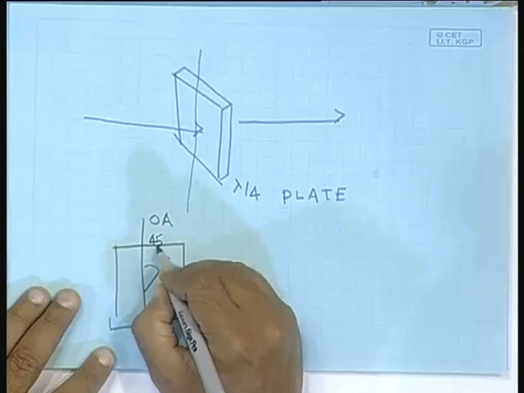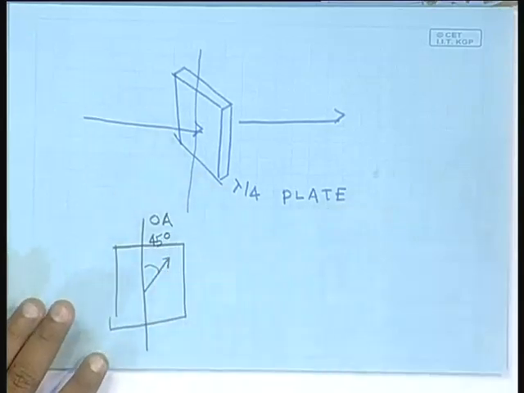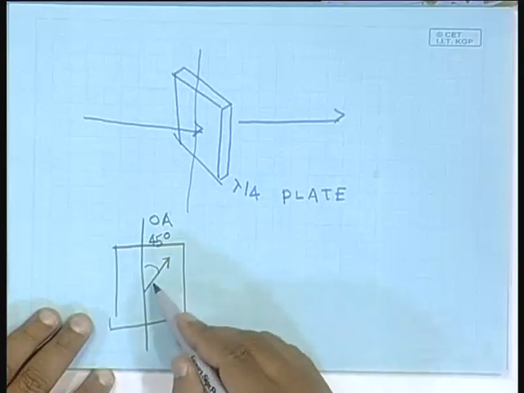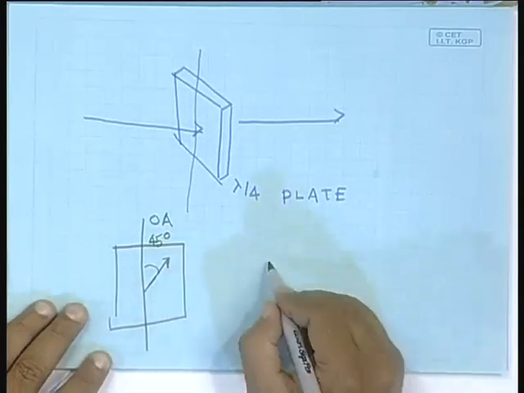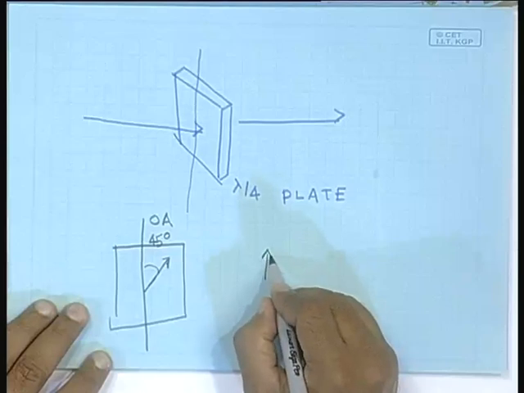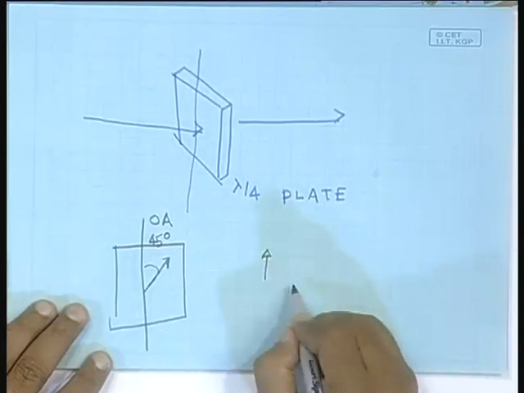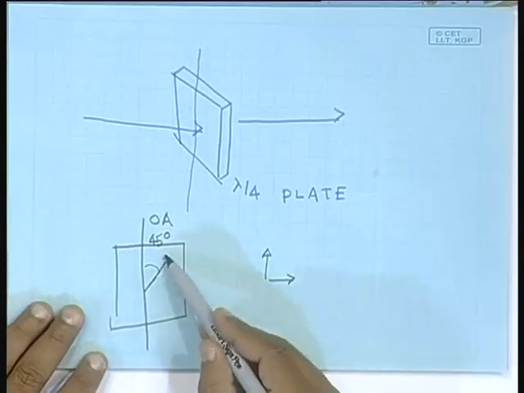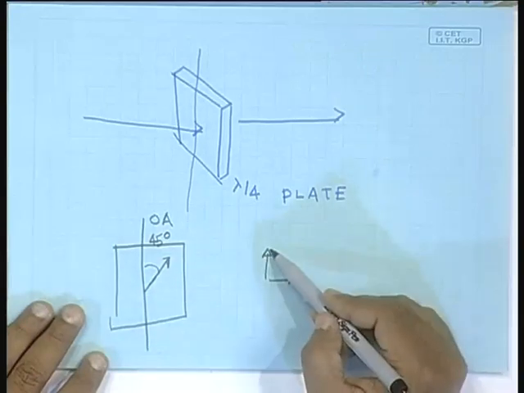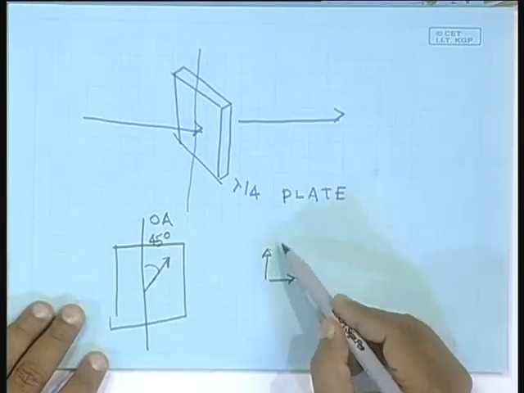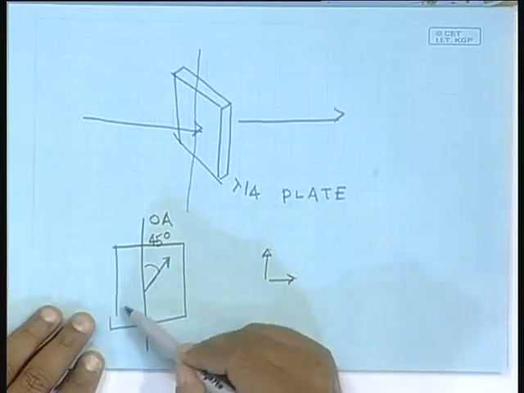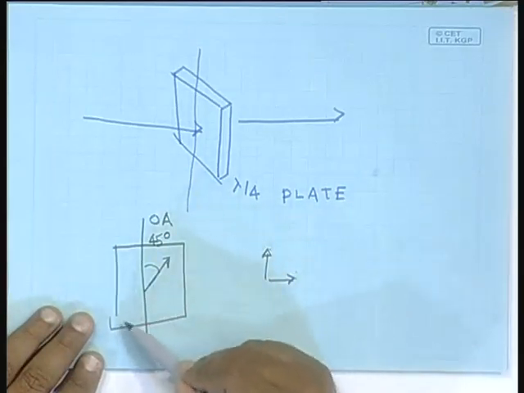The incident light can be broken up into two linearly polarized components, one parallel to the optical axis and one perpendicular to the optical axis. When the light is linearly polarized, both these components have equal magnitude and oscillate with exactly the same phase. If I combine both of these, I will get light which is polarized at 45 degrees.